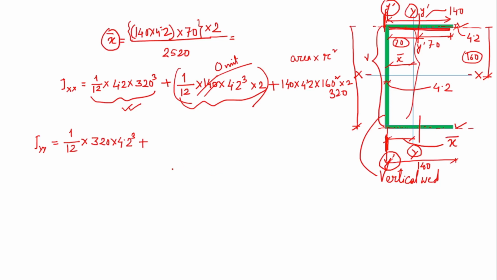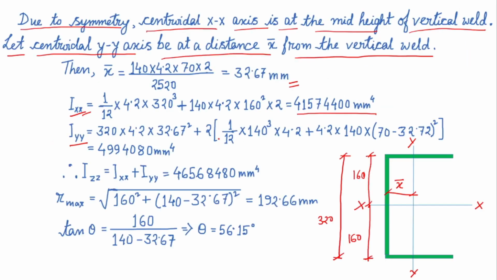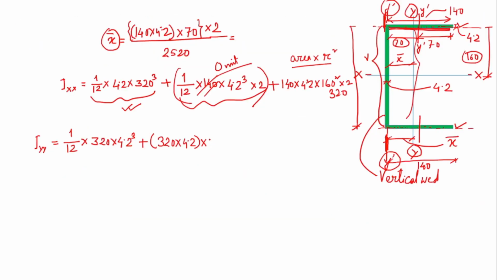So here also you have to use parallel axis theorem, which is area into r square. What is the area? 320 into 4.2 into r square. R is the x bar square. X bar is how much? 32.67. 32.67 square.